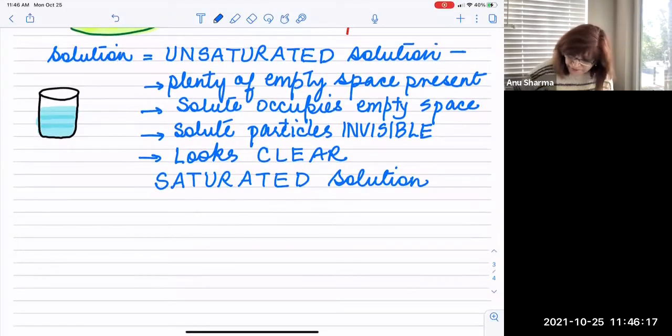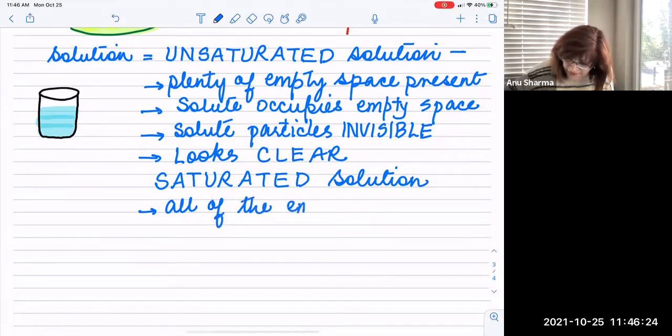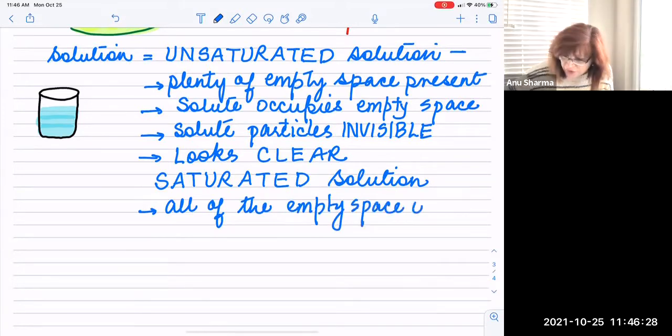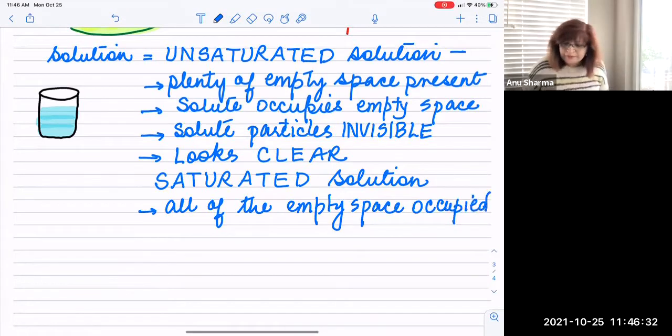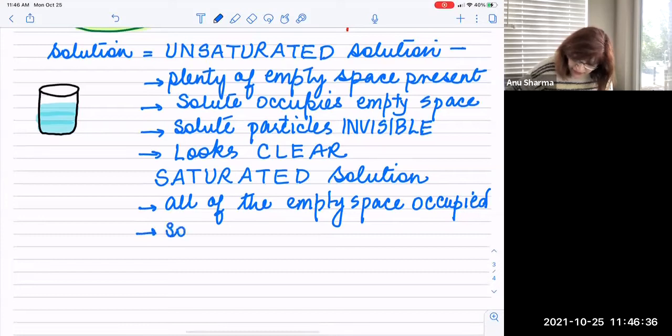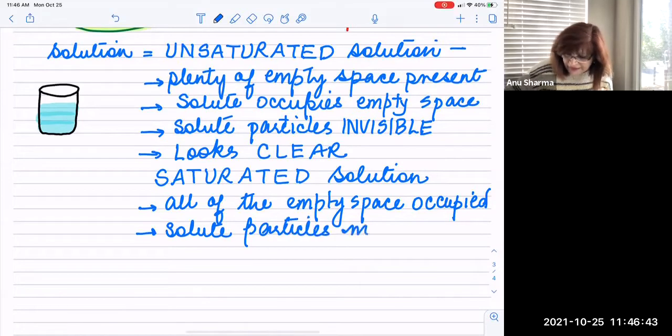In a saturated solution, all of the empty space is occupied. Depending on what you're mixing, some solute particles may be visible.